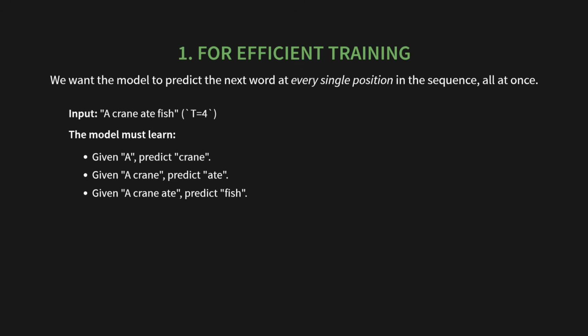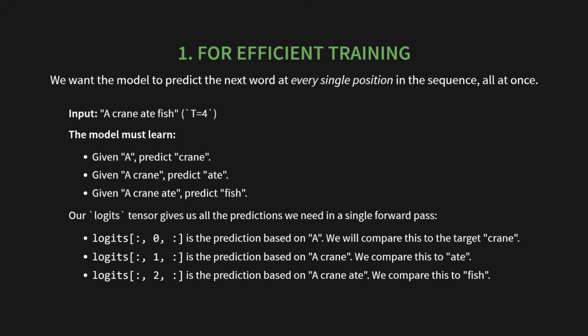Given "a", it has to learn to predict "crane". Given "a crane", it has to learn to predict "ate". And given "a crane ate", it has to learn to predict "fish". Our logits tensor gives us all the predictions we need in a single forward pass. It's incredibly clever. Look here. Logits at index 0 in the T dimension is the prediction based on just "a". We'll compare this to the target, which is "crane".